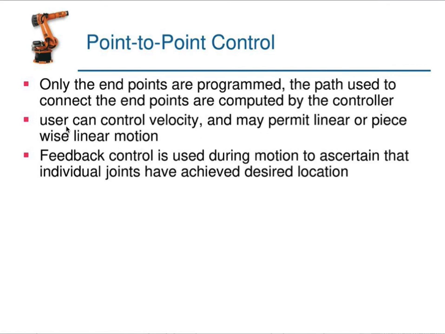That's it. The user can control velocity, and it may permit linear or piecewise linear motion only. Feedback control is used during the motion to ascertain that individual joints have achieved the desired location, as I told you.